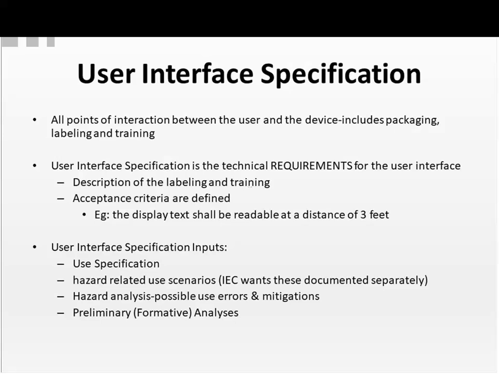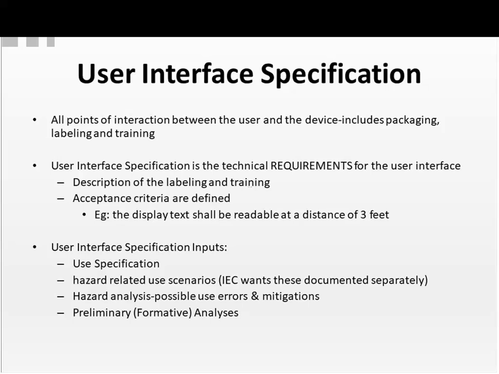It's the technical requirements for the user interface. And as part of the specification, you develop the acceptance criteria. For example, the display text shall be readable at a distance of 3 feet. Is a requirement, and the acceptance is that it's readable.